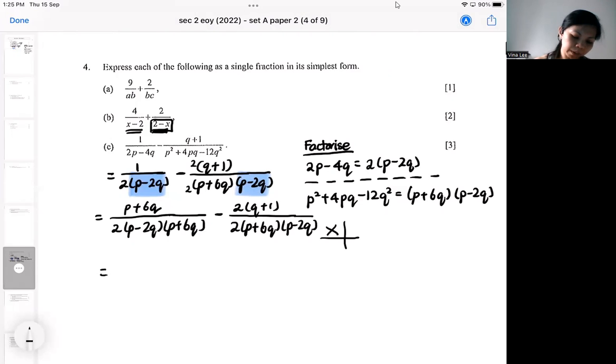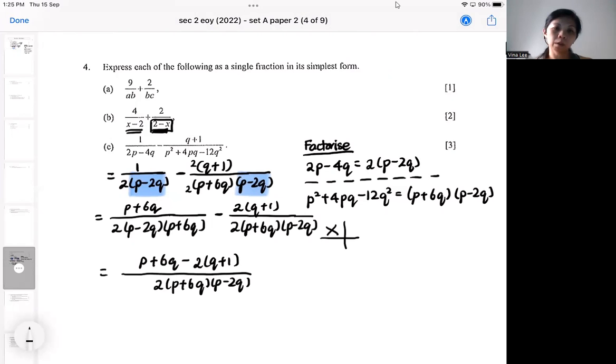So for the same denominator part, you don't need to expand. You can just leave it. So when you have same denominator already, it's just numerator minus numerator. Top minus top. Then you just have to be very careful in your expansion.